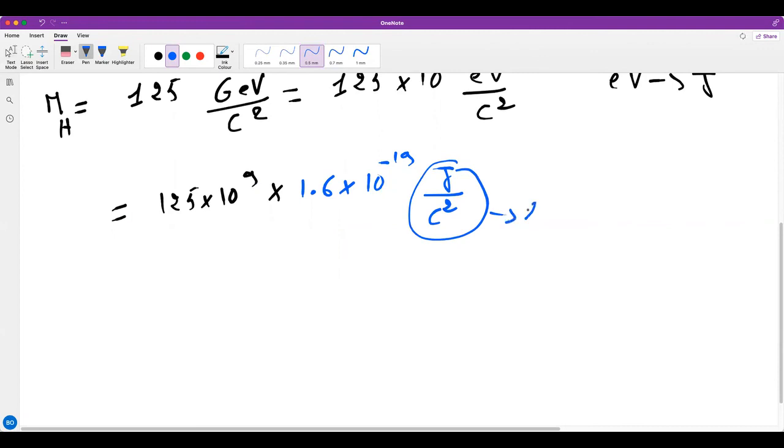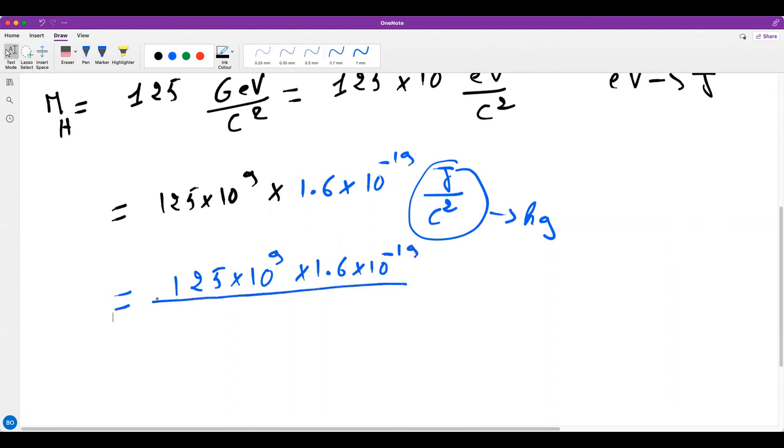Now, in order to convert this to kilogram, I have to divide by c squared. So then it becomes 125 times 10 to the 9 times 1.6 times 10 to the negative 19, divided by c squared. The value of c squared is 9 times 10 to the power of 16, since I took the speed of light as 3 times 10 to the 8 meters per second.